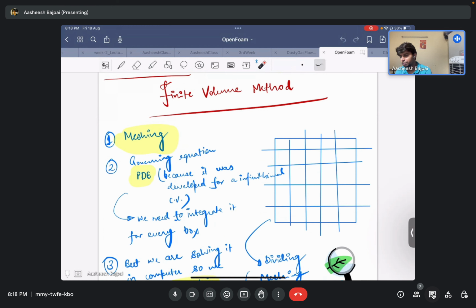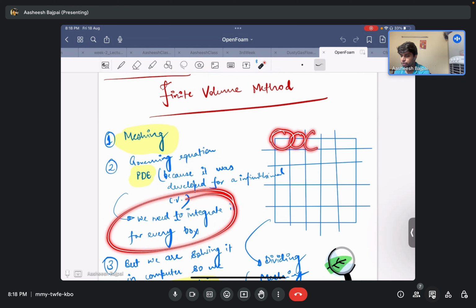So the first thing is meshing. Another is that we need to define which type of governing equation we need for that particular problem. As I said, it is defined for an infinitesimal control volume, so we need to integrate it for every box.